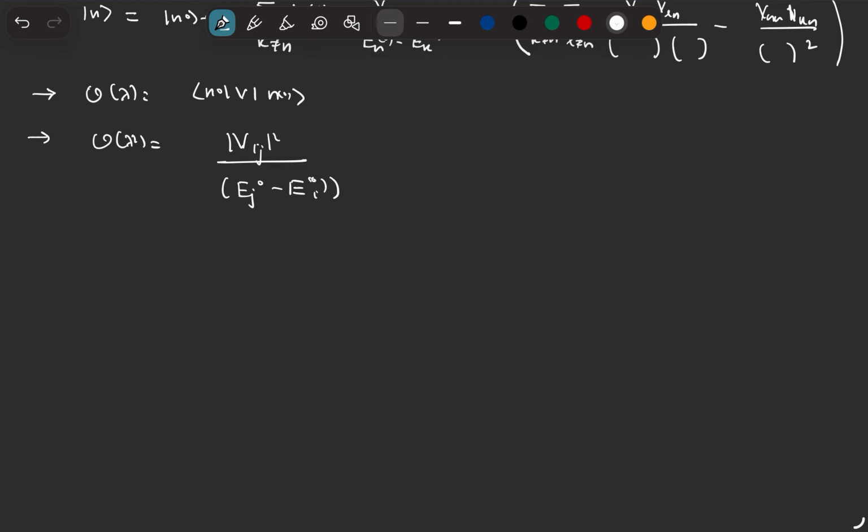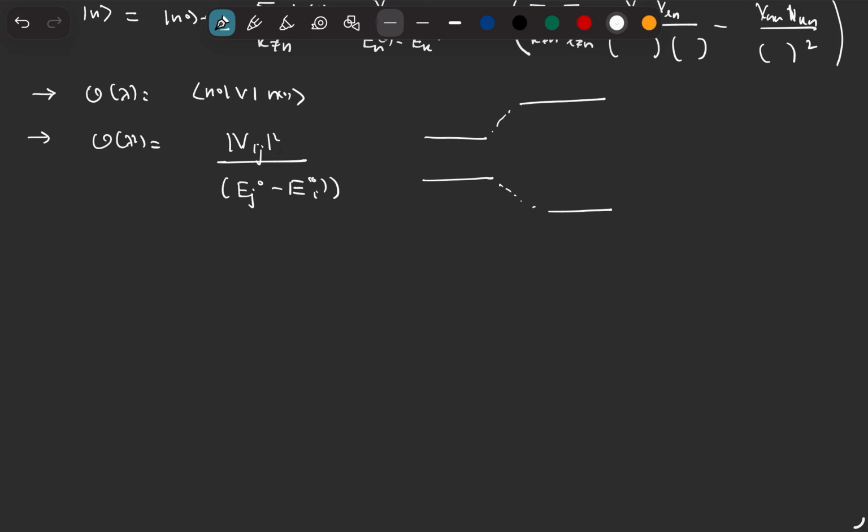so what this essentially tells you is that, say you have a higher energy state and a lower energy state. Because of the gap in the energies, your higher energy state will go a little higher, and your lower energy state will go a little lower by the perturbation.